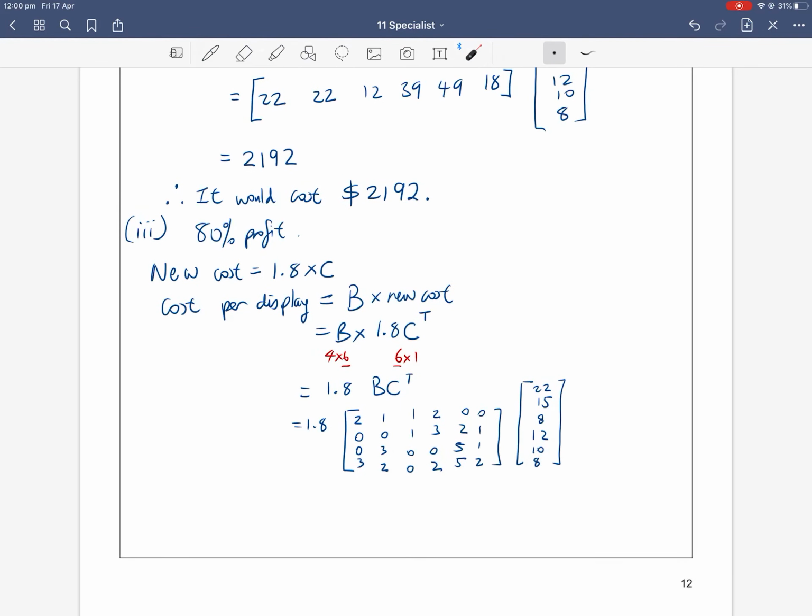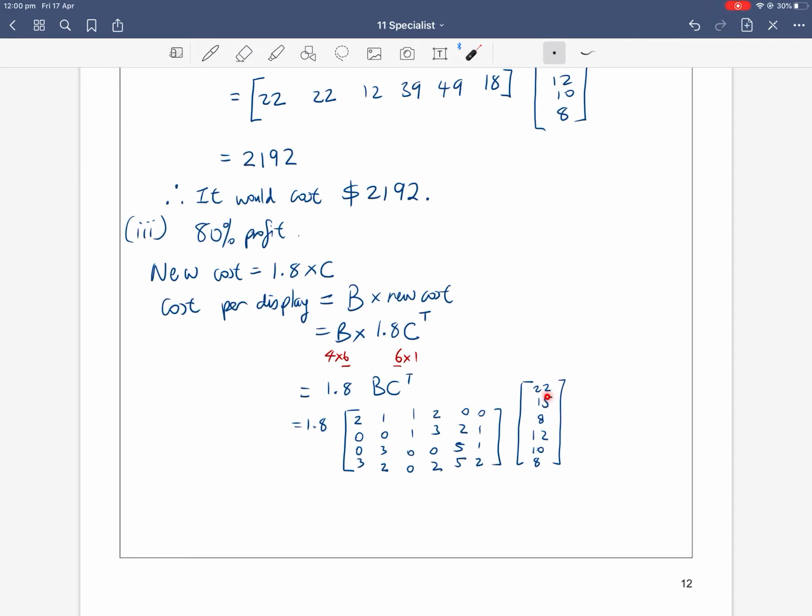Okay, so check, does row by column make sense? If I multiply this row by this column, would that answer make sense? Well, what does this 2 represent? This 2 represents the number of ferns needed for the patio. This 22 represents the cost for each fern. So if I have 2 ferns in the patio and each fern costs 22, then multiplying it together gives me the total cost for ferns in a patio.